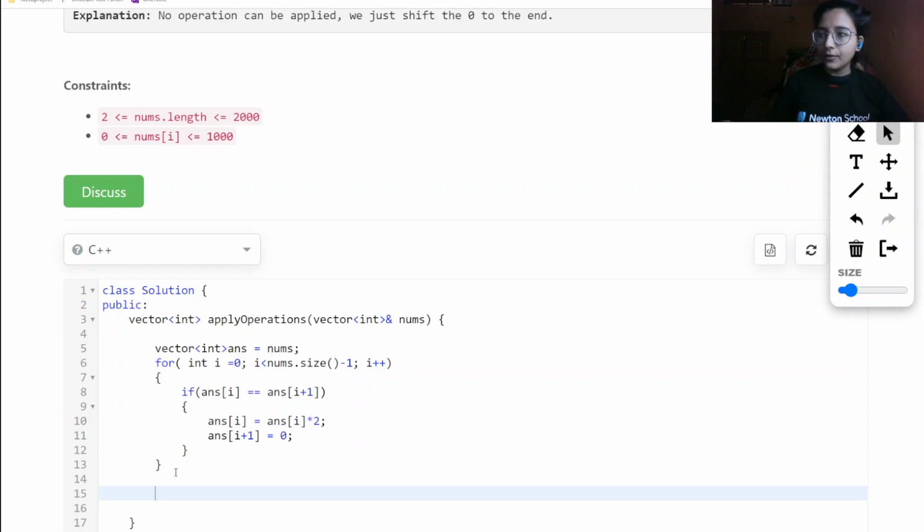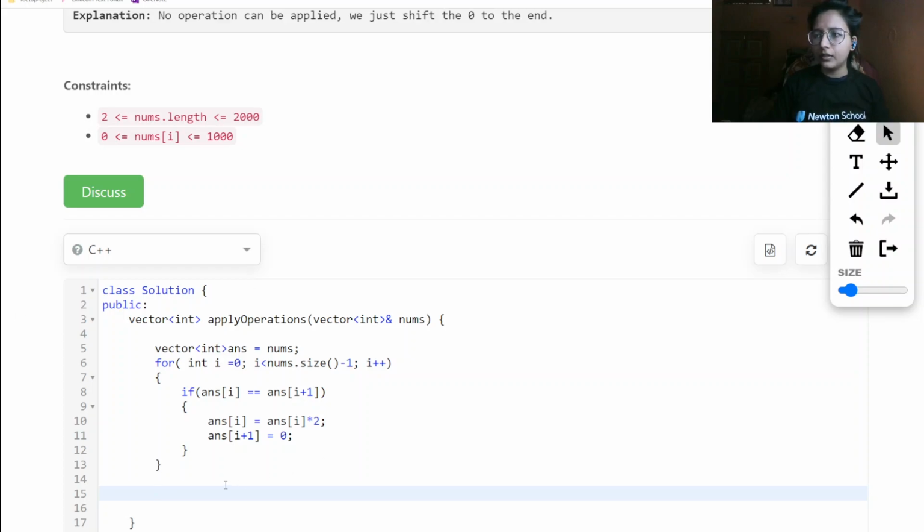And now comes the part for moving all the zeros to the end. What we are required to do here is the same way we did that particular question.